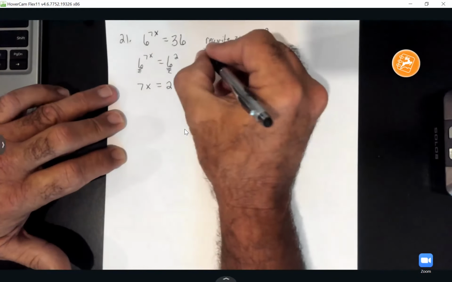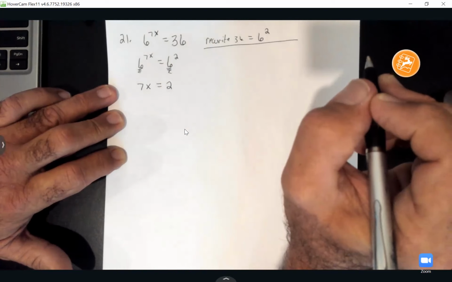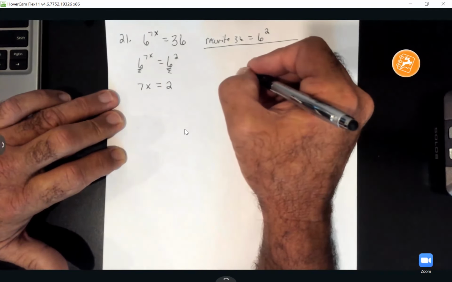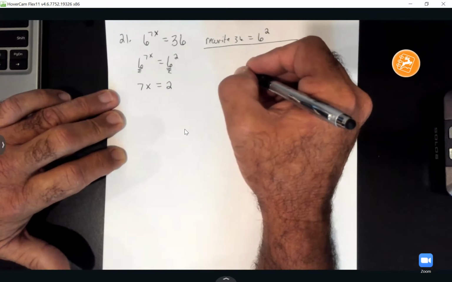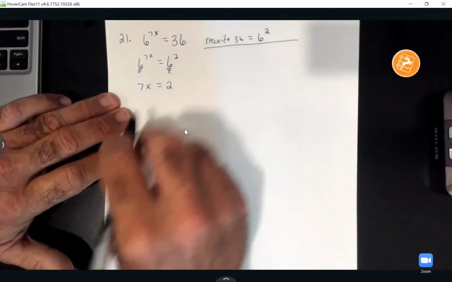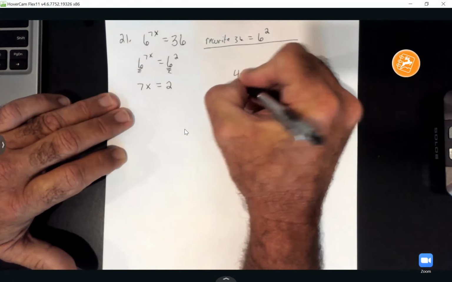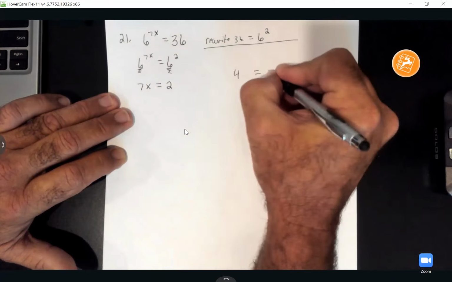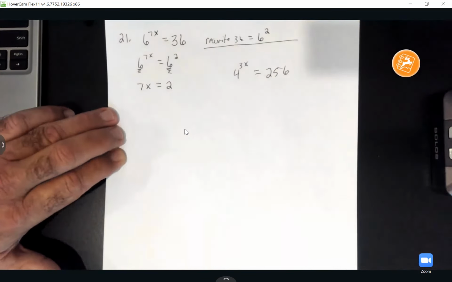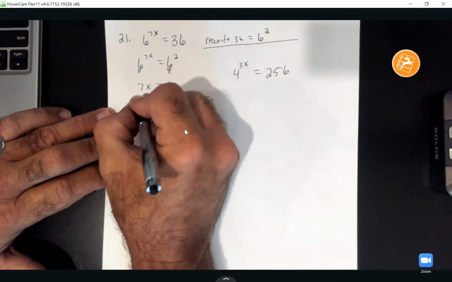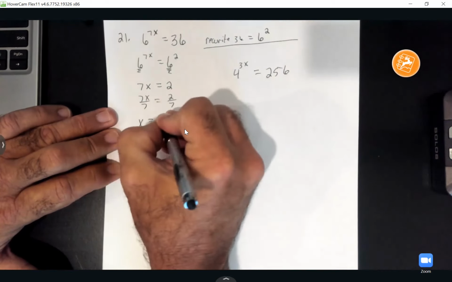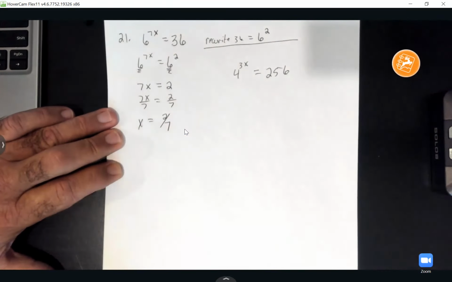So are you working on one you need help with? I got a fraction. Mine's 4 to the 3x equals 256. Because watch this, when I divide both sides by 7 on mine, I get a fraction.